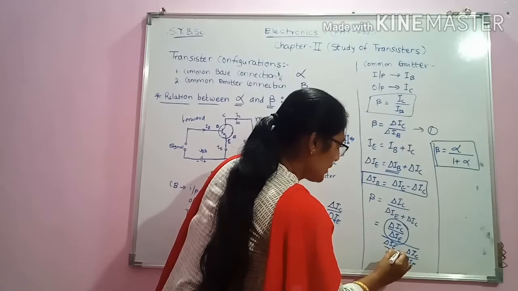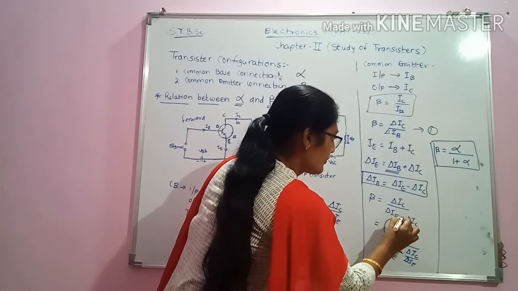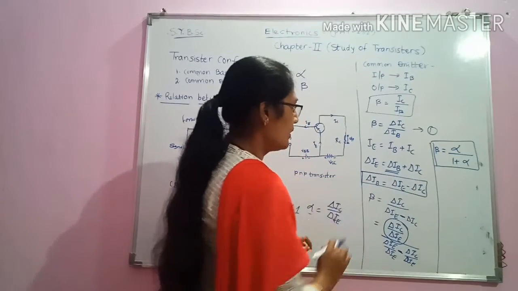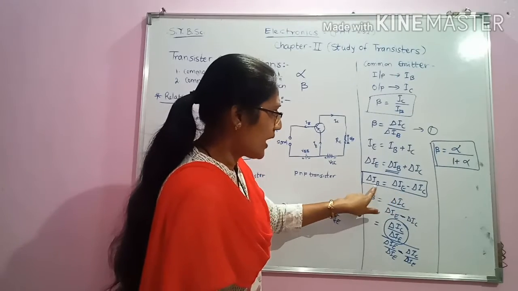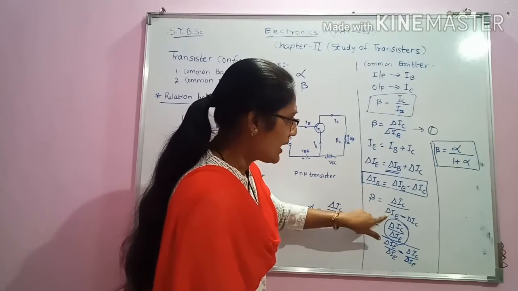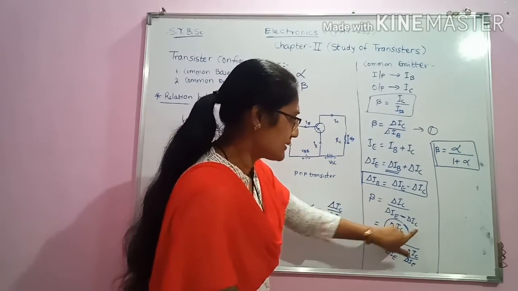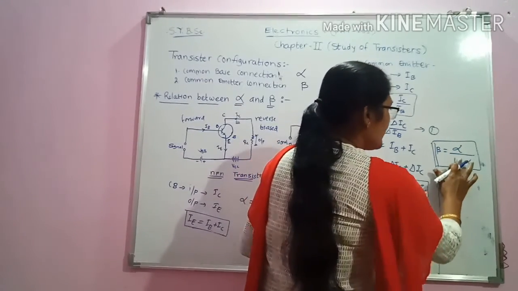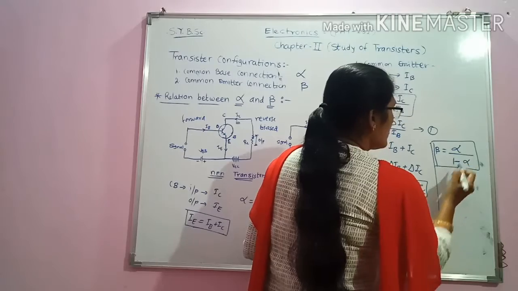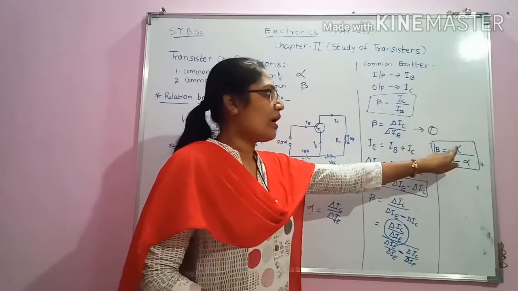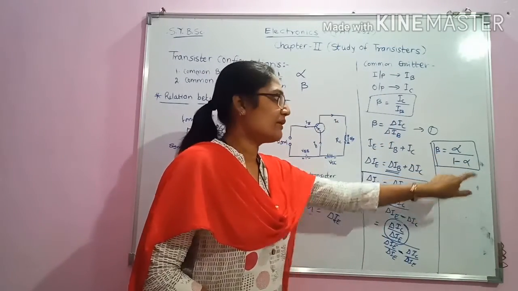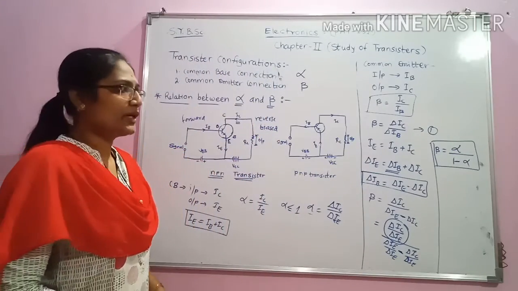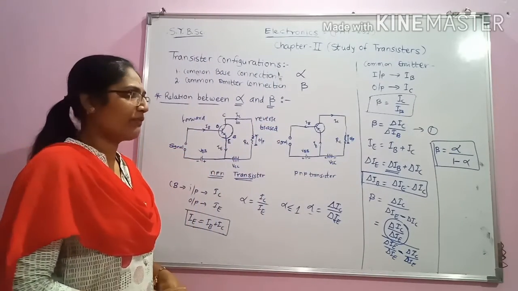Here there is minus sign. Here delta IB is equal to delta IE minus delta IC. Here also there should be a minus sign. So beta is equal to alpha upon 1 minus alpha, which will give us the relation between beta and alpha.